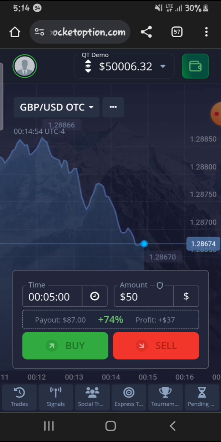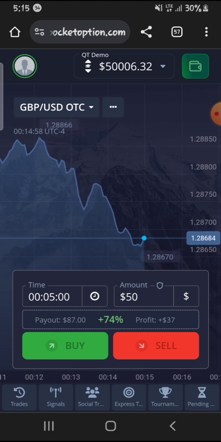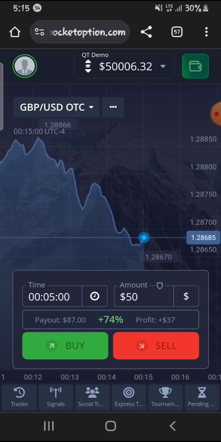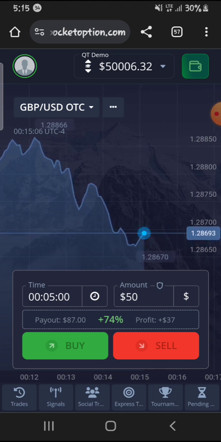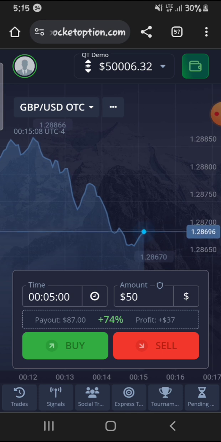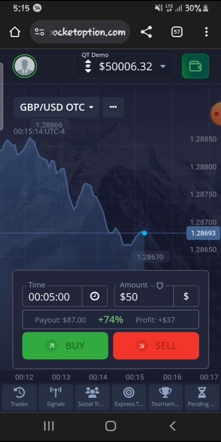If I tell you to enter a signal at 14:30, you don't enter at 14:31, you don't enter at 14:29. If you miss the time, I give a maximum of 15, minimum of 10 signals in a day. So if you miss a signal, just wait for the next one. Don't FOMO, we call it fear of missing out. Don't FOMO into a trade.